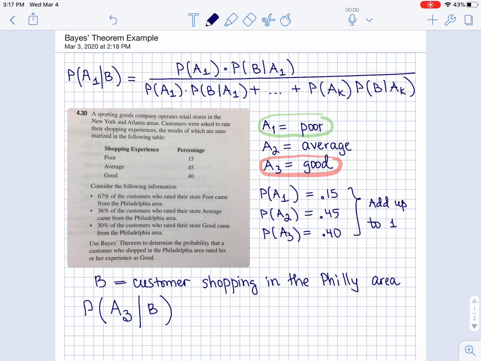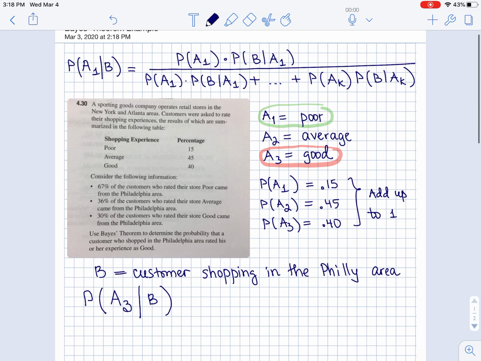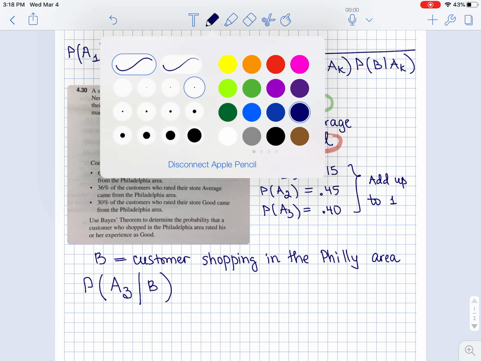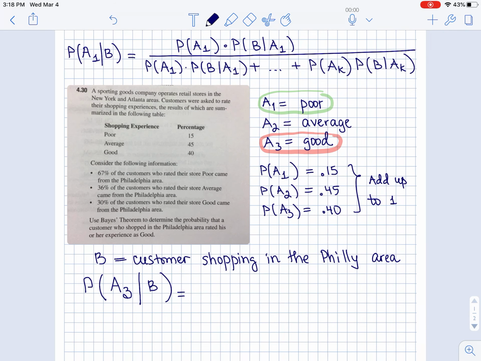Setting up this probability is the first step that we should be worried about. What is it really asking us to do? Given that the customer is from the Philly area, what is the probability that they had a good experience?